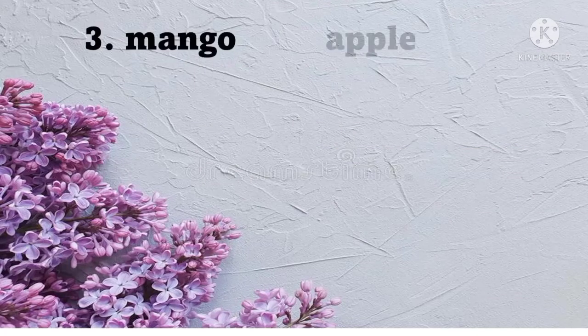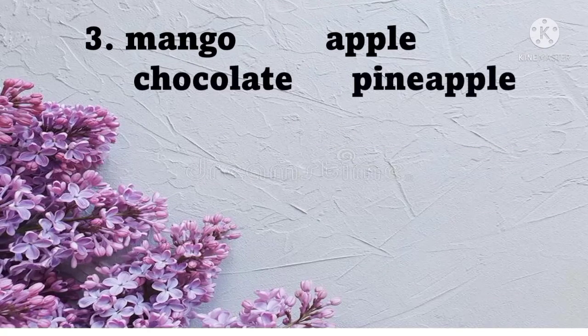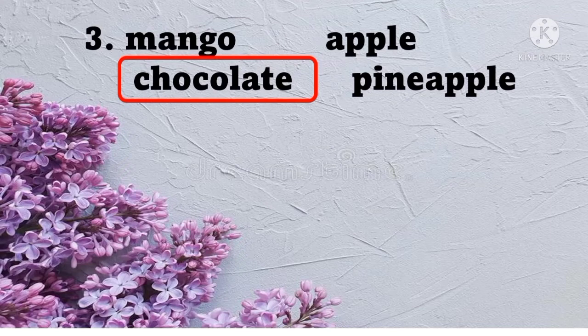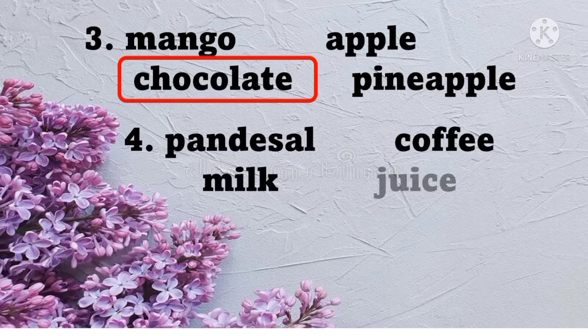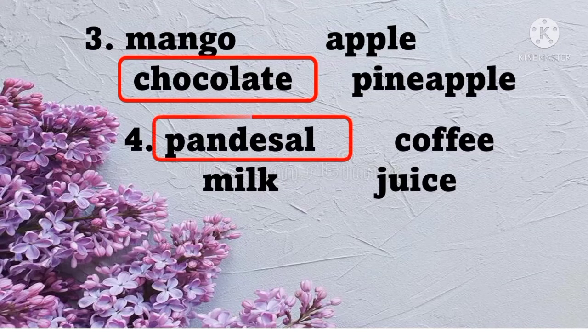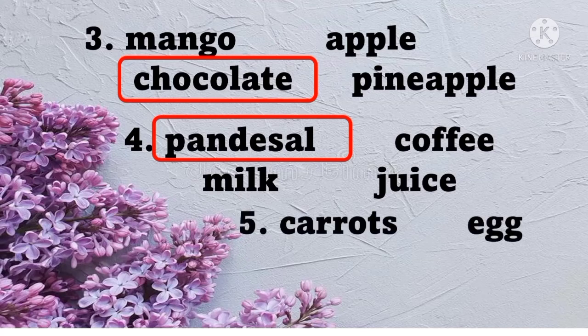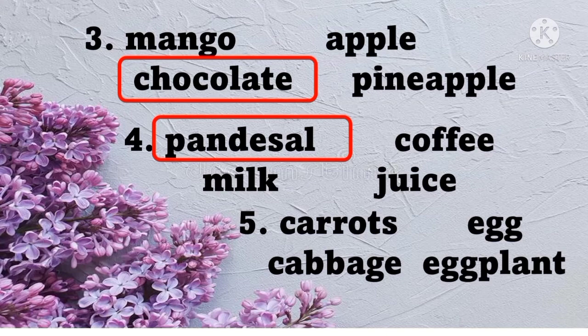Number 3. Mango, apple, chocolate, pineapple. The correct answer is chocolate. Number 4. Pandesal, coffee, milk, juice. The correct answer is pandesal. And for number 5, carrots, egg, cabbage, eggplant. The correct answer is egg.